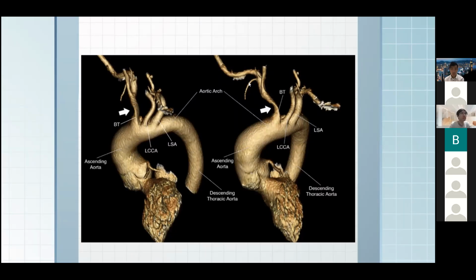So we can see from this image right here, this is a photo of a 3D reconstruction. It allows a better visualization of the extent of narrowing from all different types of angles. So in the program itself, you will be able to actually rotate this sort of model of the coronary arteries so that you can see which parts are actually narrowed, and therefore you can use that as guidance for percutaneous coronary interventions.